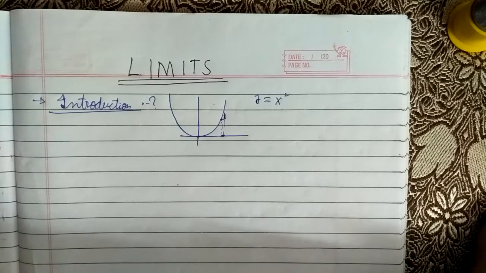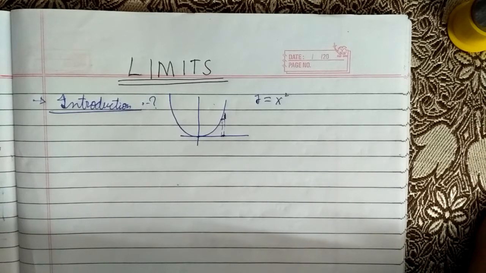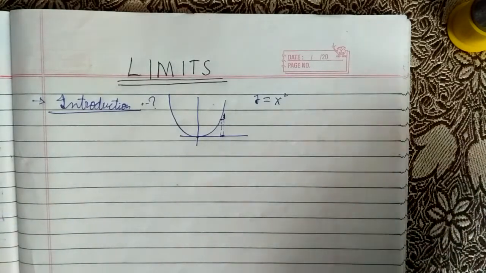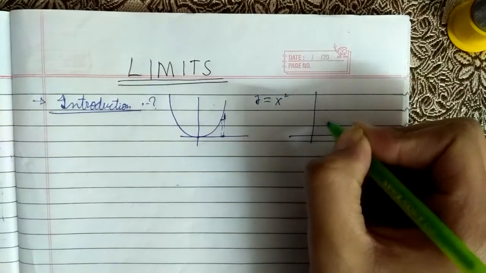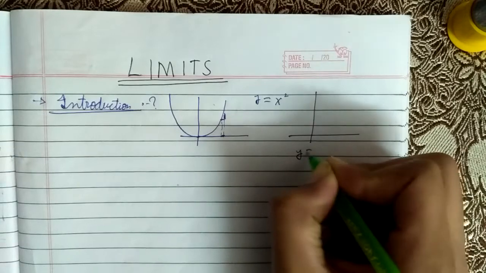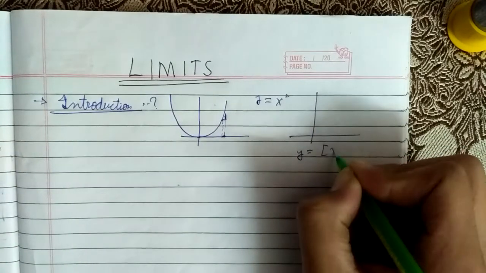And other functions have values that jump or vary erratically. For example, let's say the function is y equal to mod x.